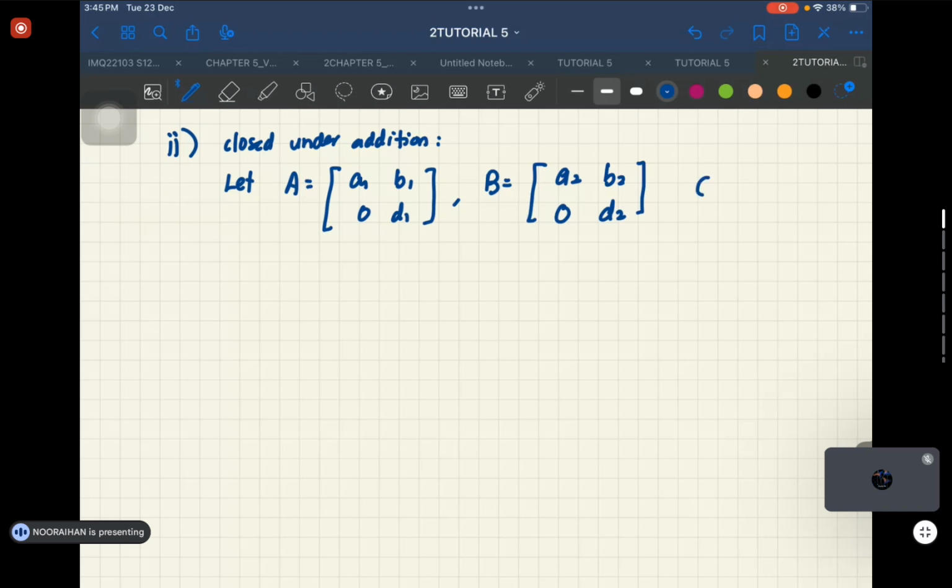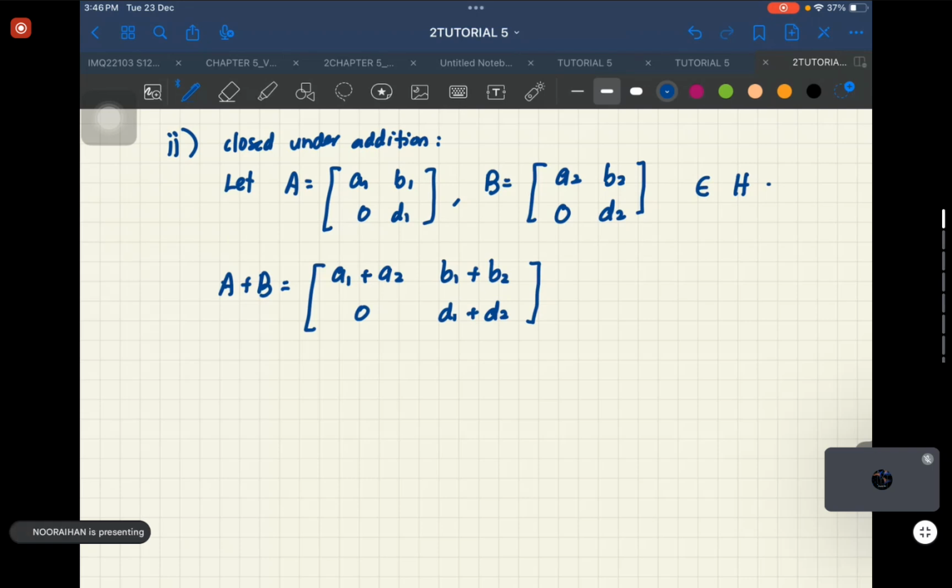Okay, both of these are elements of H. Then A plus B is equal to A1 plus A2, B1 plus B2, 0, D1 plus D2.